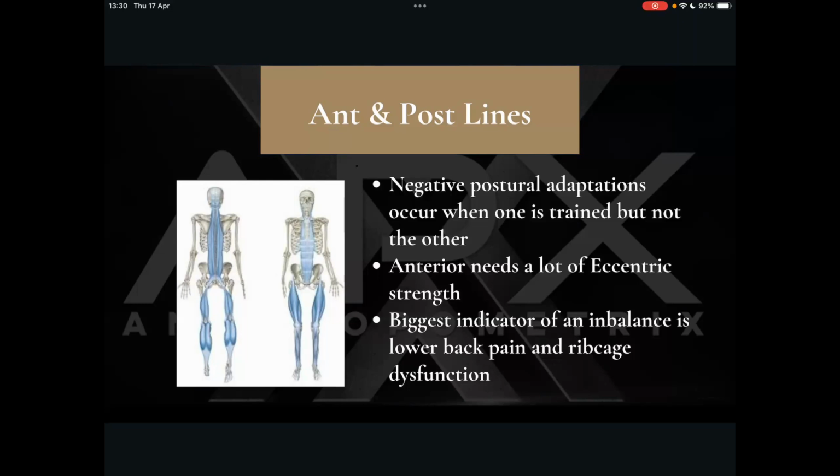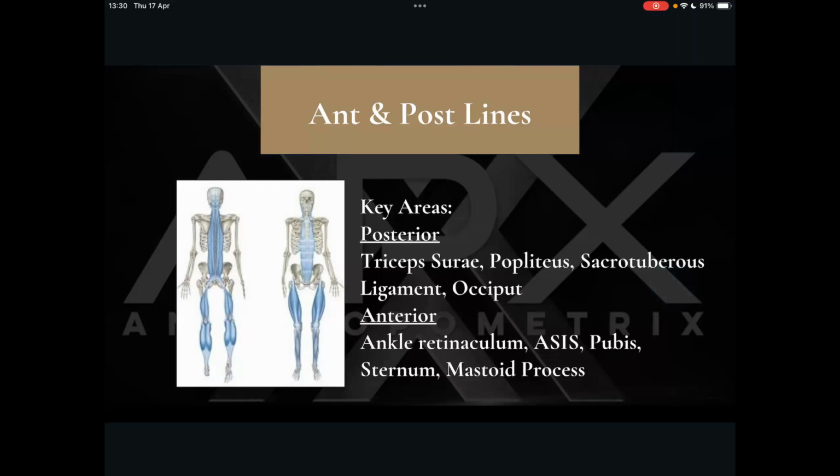And the rec fem is just that quad that sits on top, ASIS that goes into the knee. That needs length tension. The stronger and longer that muscle is, the better you'll perform, especially proximally, so in the fibers towards the top.